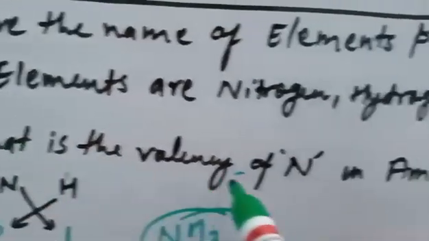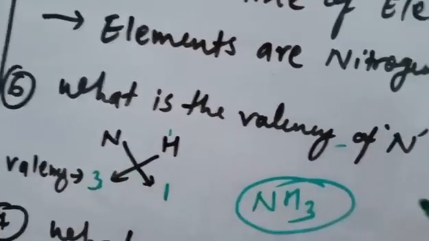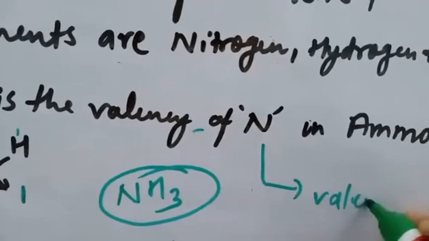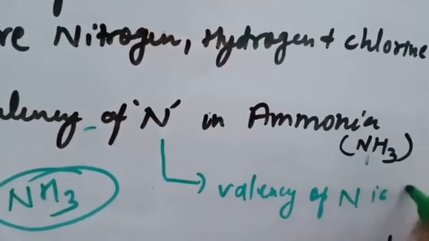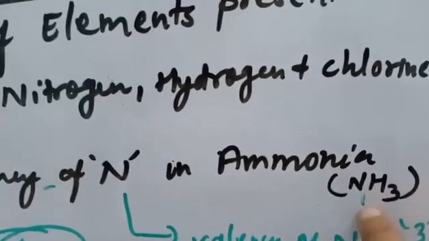Now it is asking what is the valency of nitrogen. You just see below what is written, 3. So the valency of nitrogen is 3. Okay, how will you do it? Just write NH3.